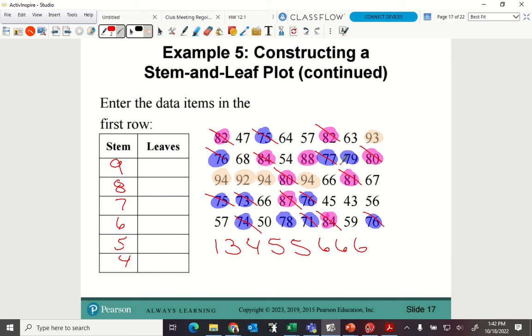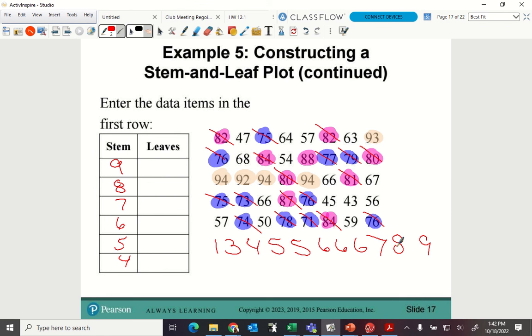A 7. An 8. And a 9. Is that 11 of them? 1, 2, 3, 4, 5, 6, 7, 8, 9, 10, 11.